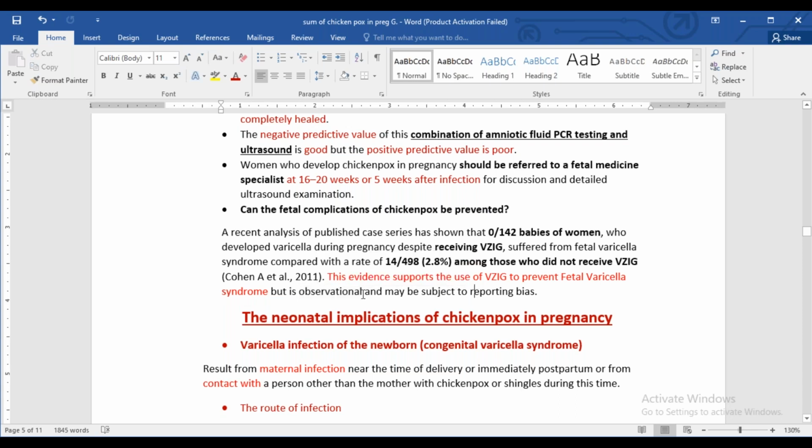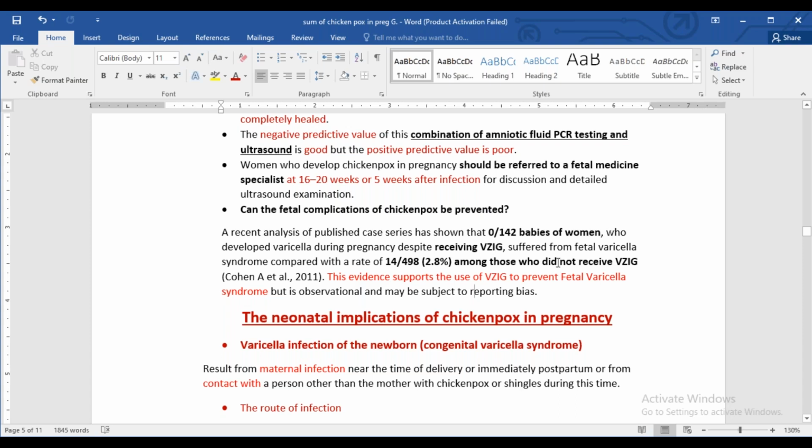But still, if the question states something regarding varicella zoster immunoglobulin given to the mother on exposure, does it decrease the incidence of fetal varicella? Yes, it will help, because in this study, 0 out of 142 babies of women who developed varicella and received the varicella zoster immunoglobulin suffered from fetal varicella syndrome.